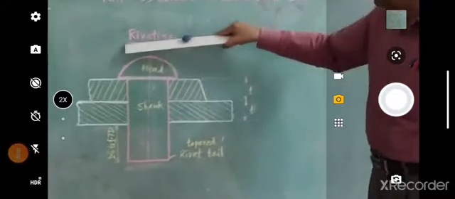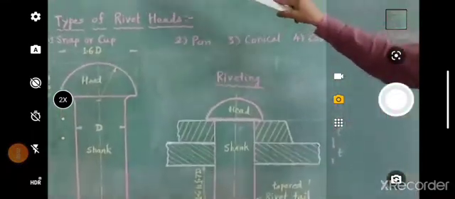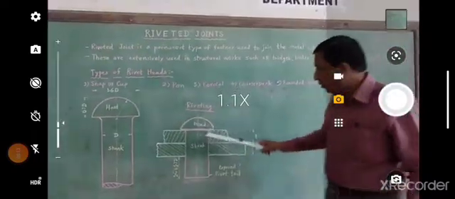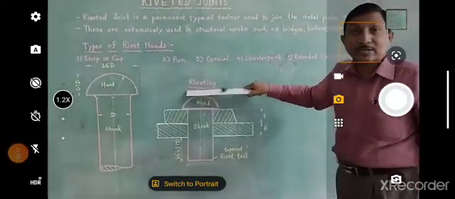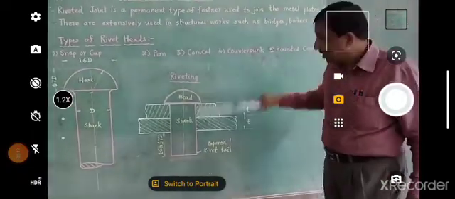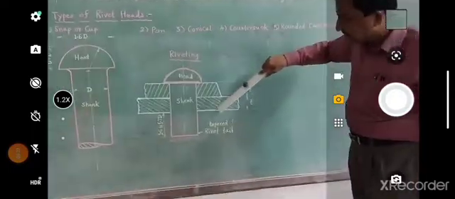Next point is how we can do the riveting. Our purpose is to use the rivet to join two metallic plates. That procedure is called riveting. I have shown here one plate and one more plate.